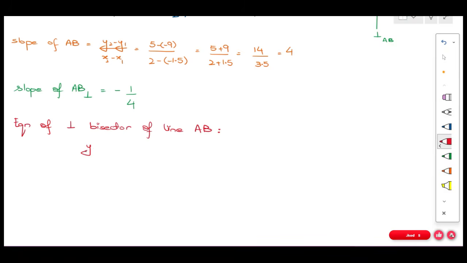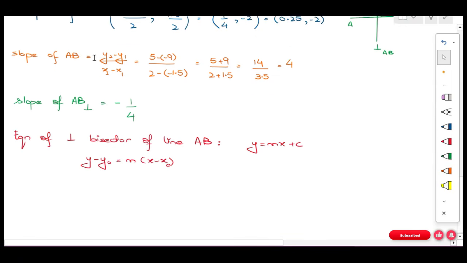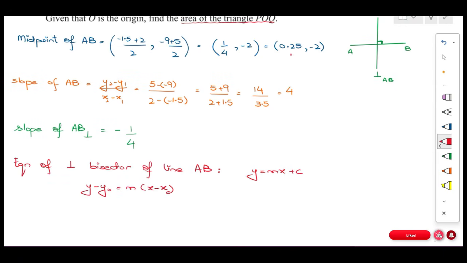Its equation is y minus y naught equals m into x minus x naught. You can use this form or y equals mx plus c. Both are okay. M is your minus 1 by 4, and to get the c value, use the midpoint. Or if you're using this one, this is your x naught, this is your y naught, and this value is your m.